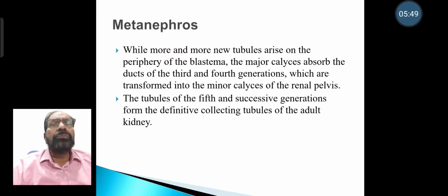While more and more new tubules arise on the periphery of the blastema, the major calyces absorb the ducts of the third and fourth generations, which are transformed into minor calyces. The tubules of the fifth and successive generations form the definitive collecting tubules of the adult kidney.